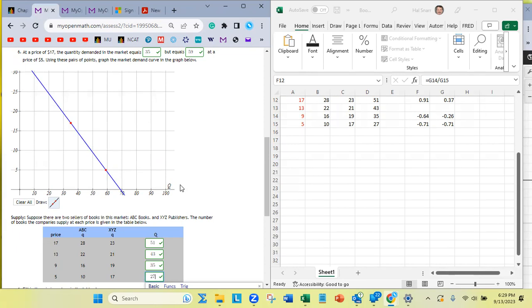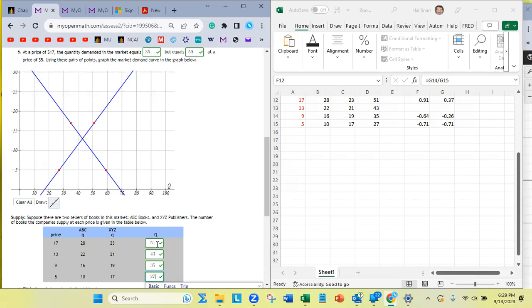Okay, now we got to do the supply curve. 17 and 51, right about here. That looks good. And then 5 and 27. So 5 and 30, 5 and 29, 28, 27. There you go. I think that's good.